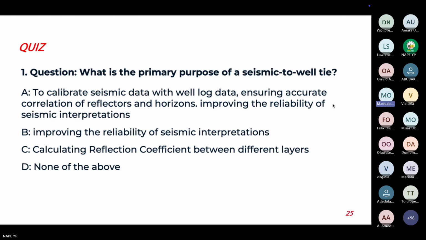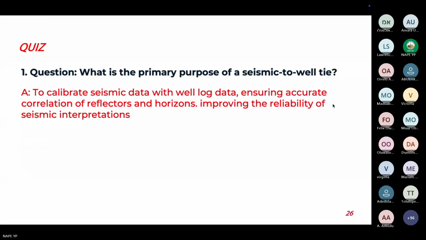This is interesting. Wow. A lot of A's, eh? So now the answer. There you go, guys. That is it. I think we have 100% A on this first question. Next question now, we're coming up.